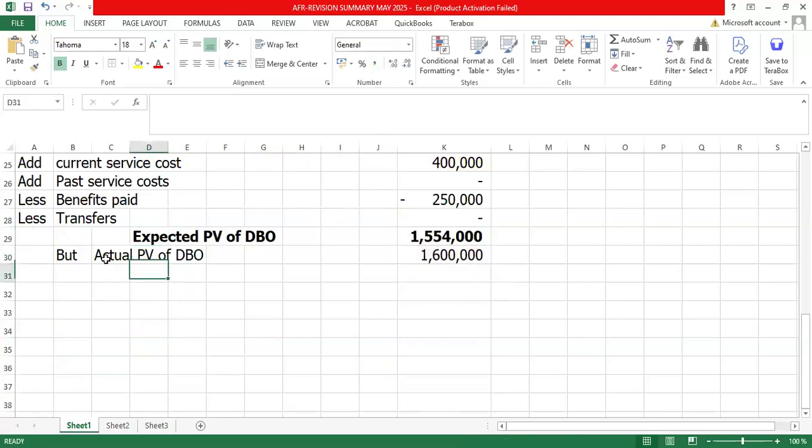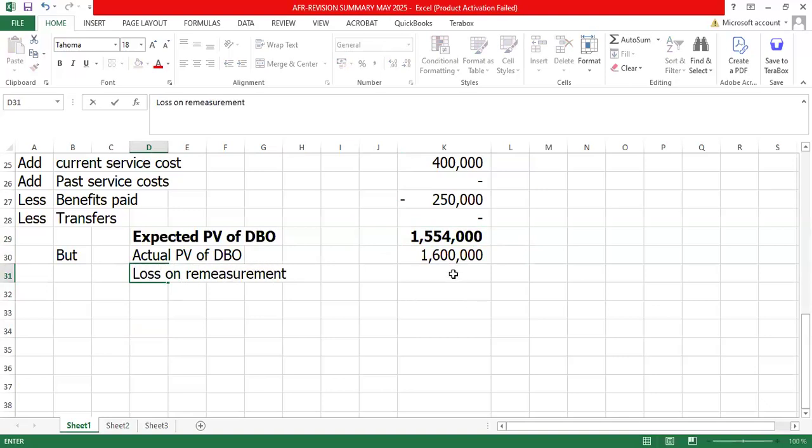You compare. It's a loss. Here we have the liability has increased. You expected the liability to be 1.5, but you see actual is 1.6. So ideally the liability has increased, and an increase in the liability, that's a loss. So this is a loss on remeasurement. The difference.